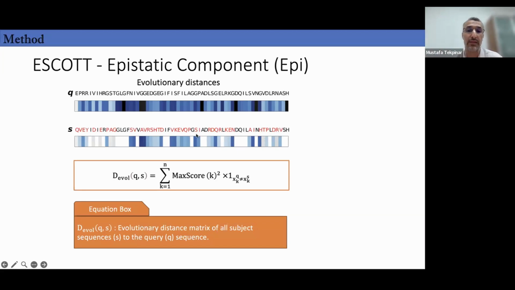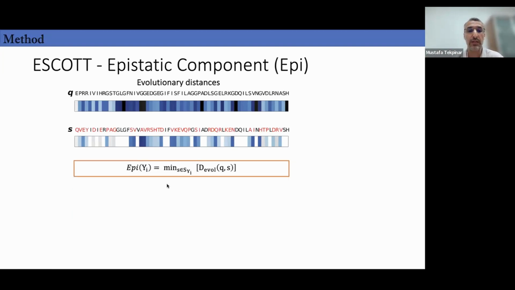And we sum up all max scores for these positions only. And we do this for all subject sequences in our multiple sequence alignment file. At the end of the day, we have an evolutionary distance matrix, and we will use this evolutionary distance matrix to understand epistatic effect. So here comes the epistatic part.